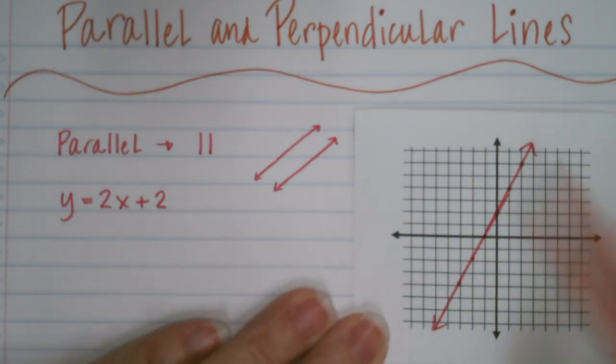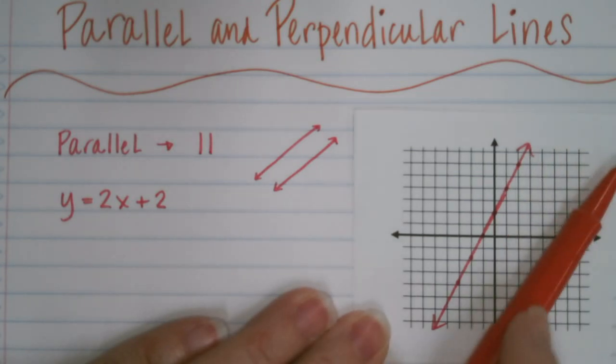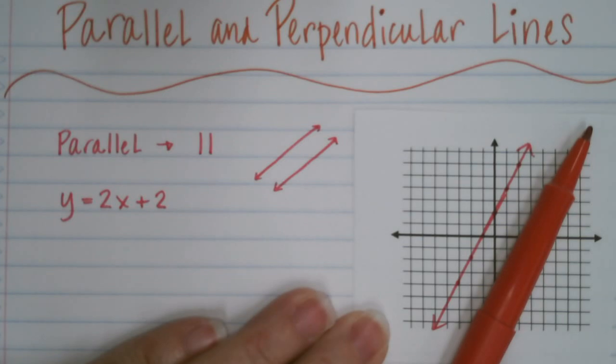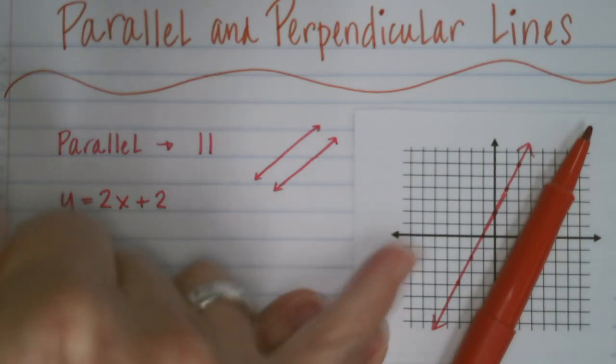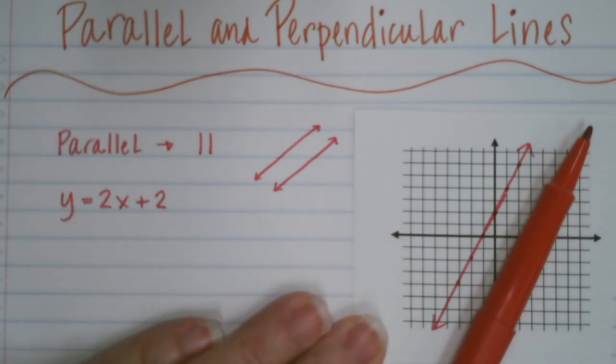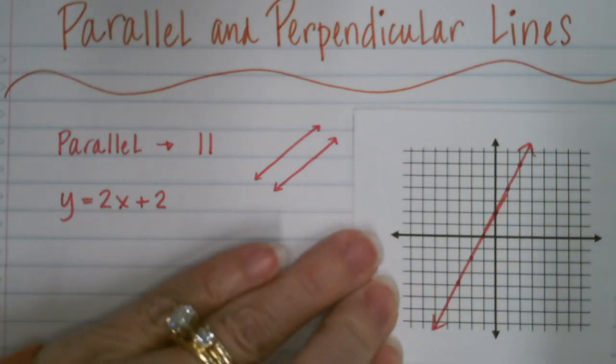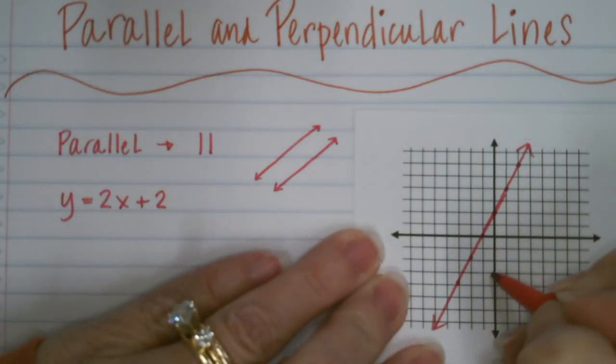So if we wanted a line that was parallel to this one, the parallel line is going to have to move at the same rate or pace as the line that we already have. So let's just say we started one down here.